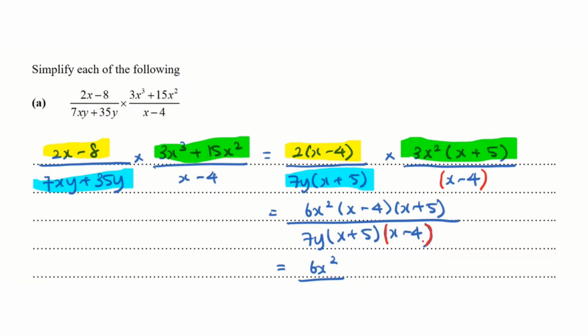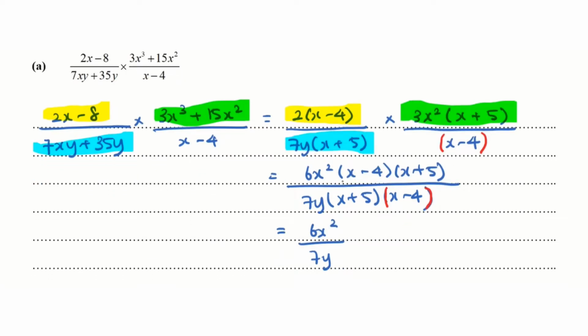Alright, we do not need to do any rainbow method or expansion, because eventually we want to do some form of cancellation. So we will want to cancel away x minus 4, and also x plus 5. Now between 6x squared and 7y, there is nothing in common actually, so therefore our answer will be 6x squared over 7y.